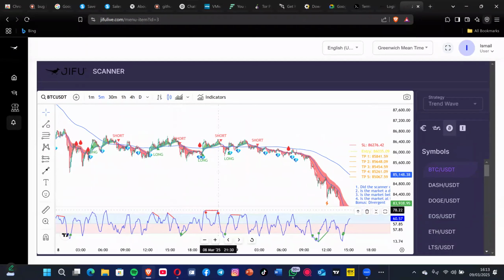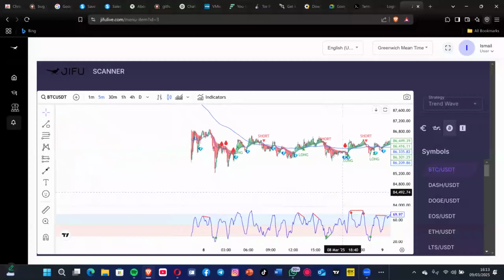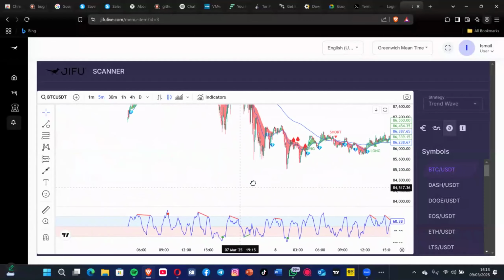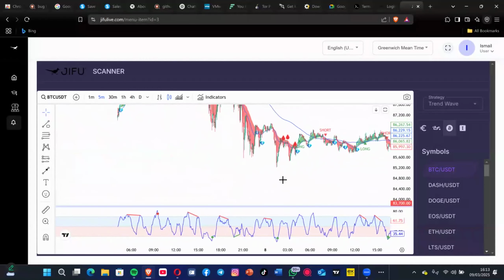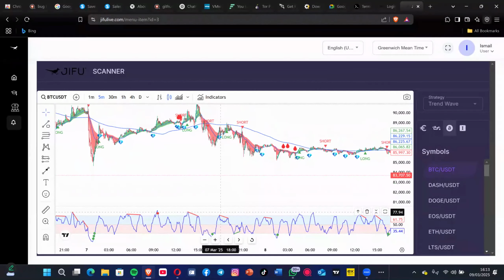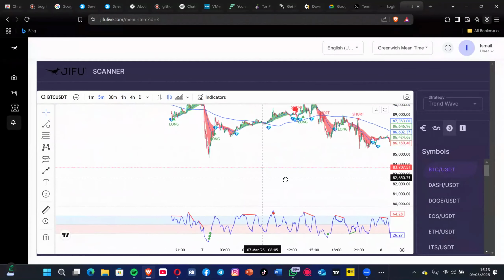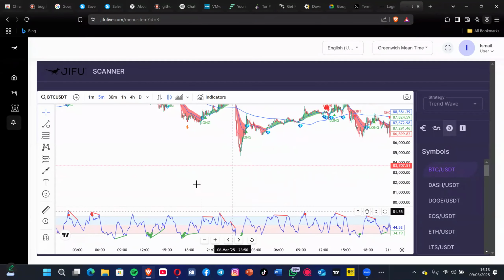Now, you see this one also? It's still up because it's going from up to down. Now, let's see if there's one in the past that is down. Okay, no, it's still the same. This one is up, long. I'm looking for the one that is down.